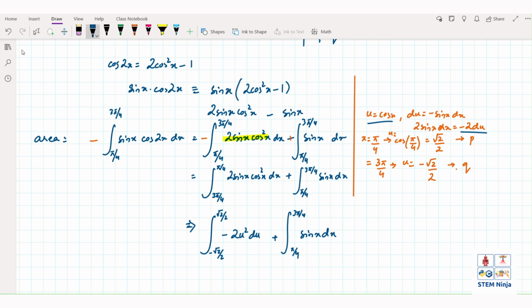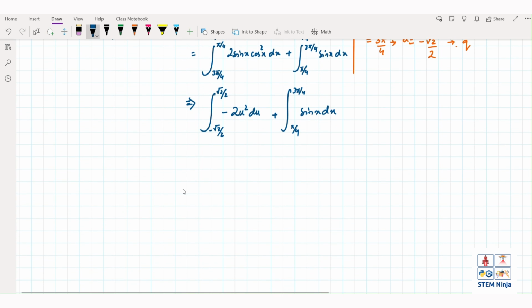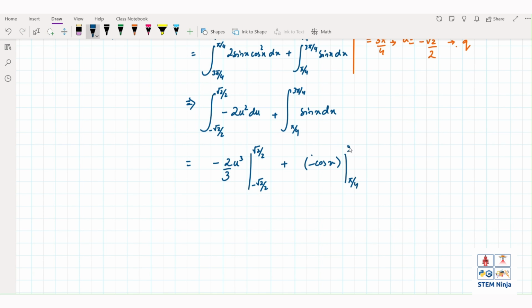Now comes the integration part. This becomes minus 2 over 3 u cubed from minus root 2 over 2 to root 2 over 2, plus the integral of sine is minus cosine x from pi by 4 to 3 pi by 4.